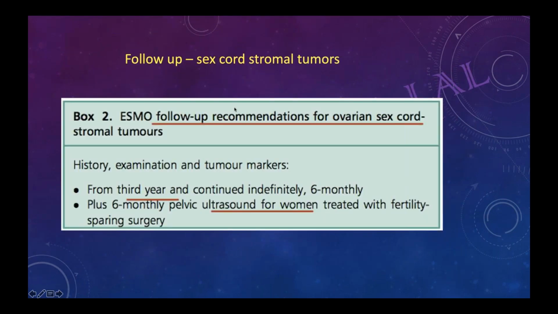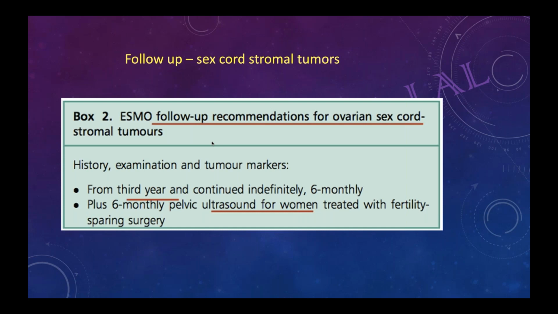Now this is a sex cord stromal tumor. This is the ESMO recommendation for follow-up. So in the follow-up visit, there will be history, examination, and tumor marker. From the third year, patients have to be seen every 6 monthly.